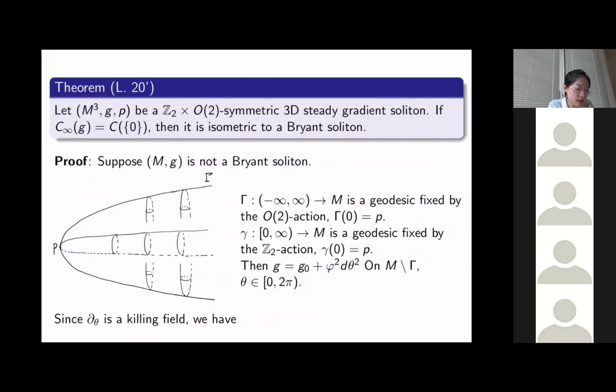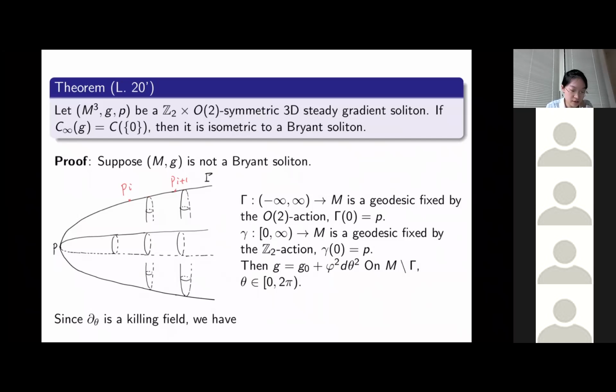By dimension reduction, I mean, as I've said a few times before, if you take a sequence of points going to infinity and rescale by the scalar curvature at that point, then you will see that the limit is R times the sphere soliton. So this is always true if your soliton is not a Bryant soliton, and you can prove this dimension reduction.